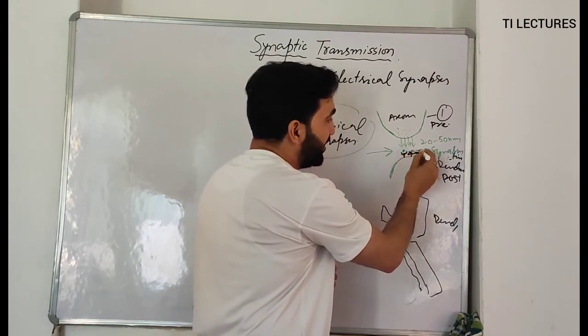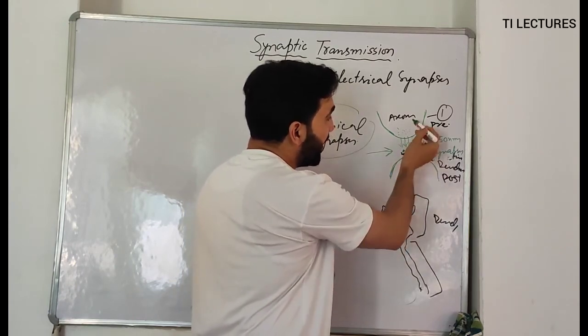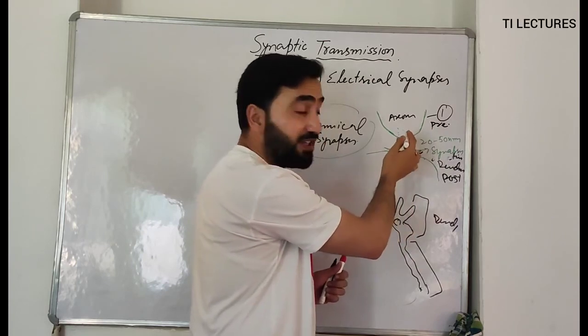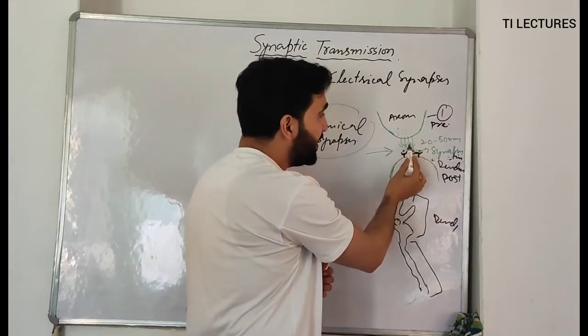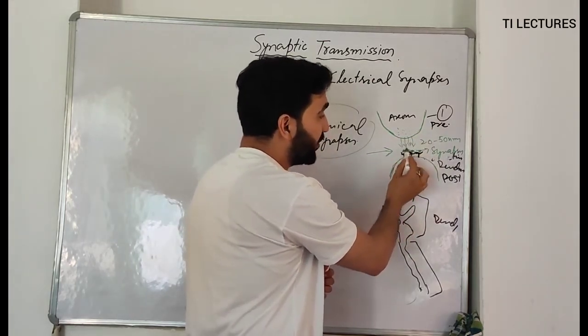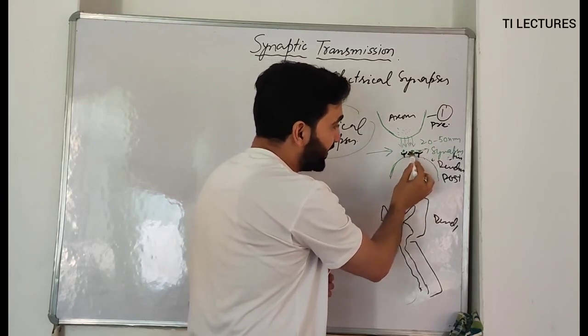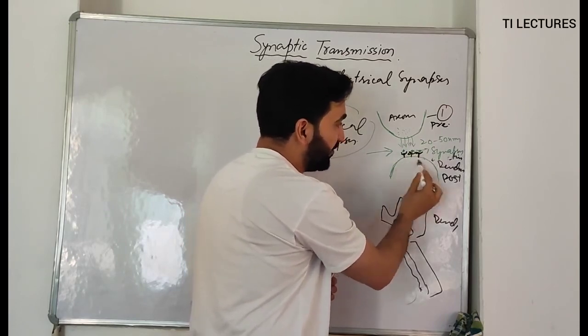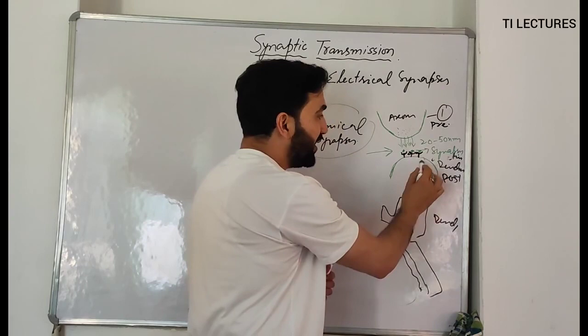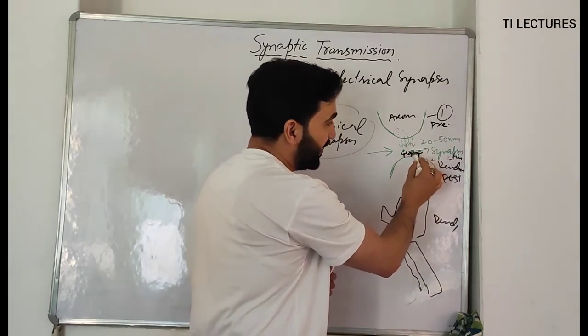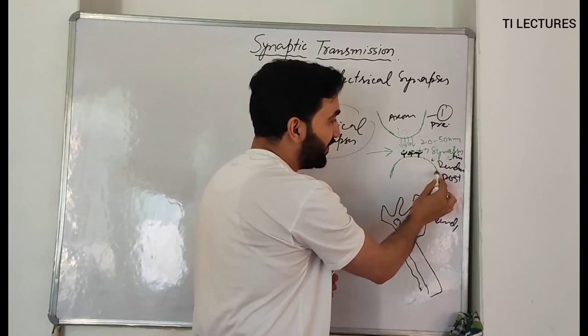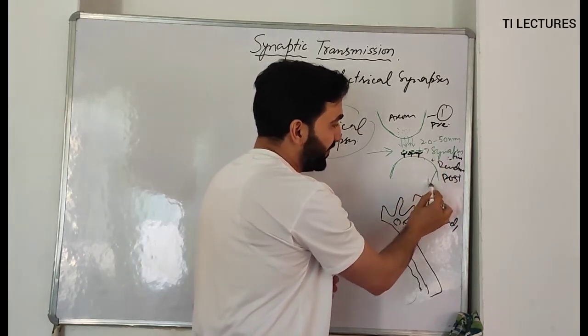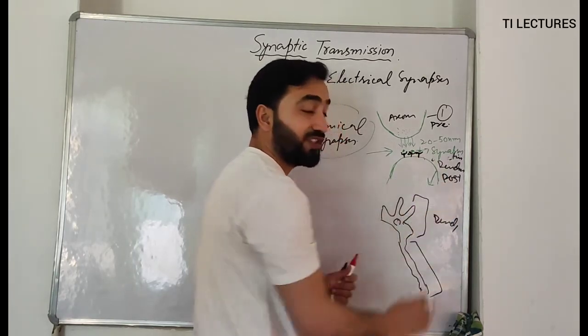That means after the activation of the presynaptic neuron, the chemicals are released into the synapse, and those chemicals then affect the receptors present on the postsynaptic neuron, and ultimately that ligand receptor interaction will lead to a change in the behavior of the postsynaptic neuron.